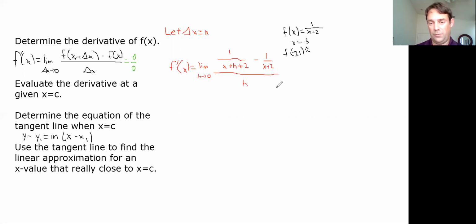All right, well, if I'm looking at this here, I notice that I am going to have a big, ugly common denominator problem. So I got to multiply every single thing by the common denominator. And that common denominator is going to be x plus h plus 2 and x plus 2.